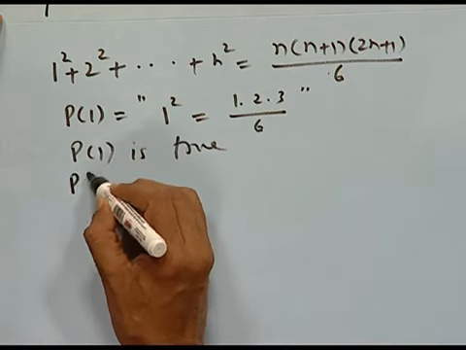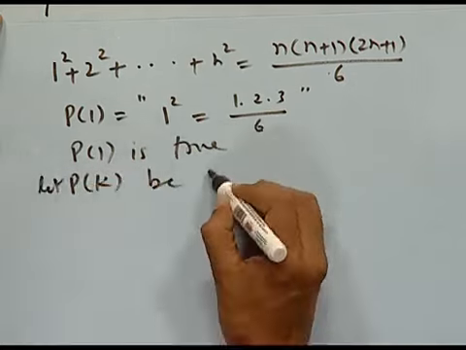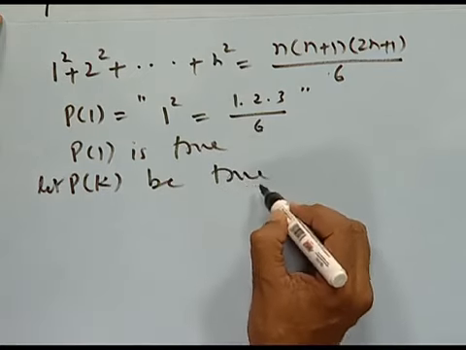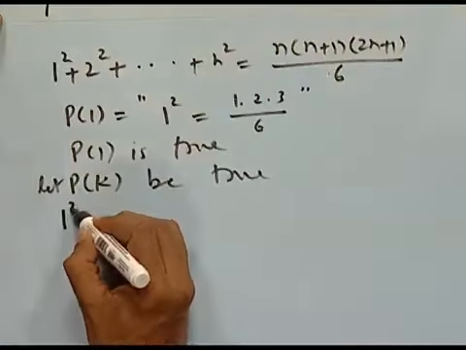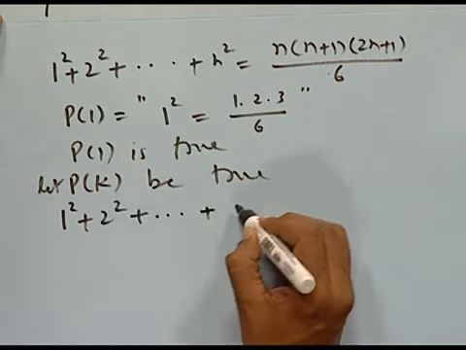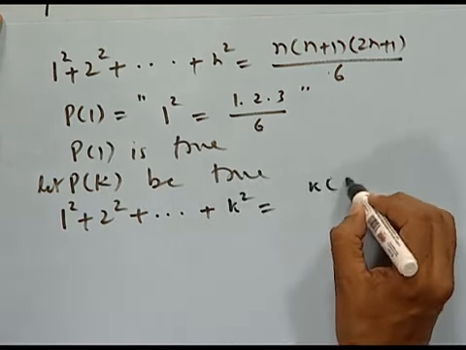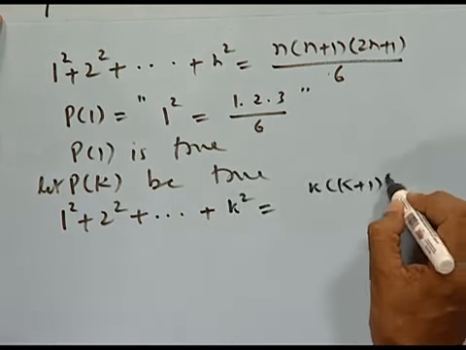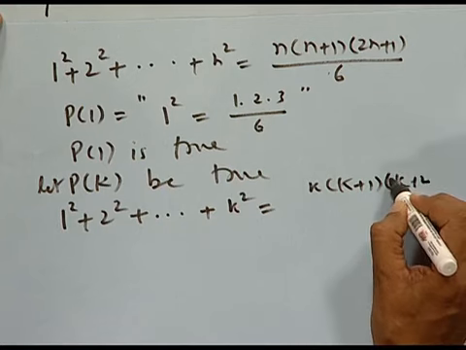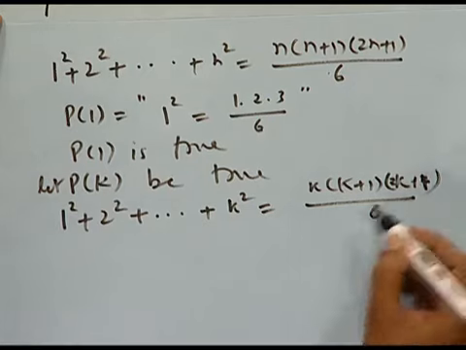Now, let P(k) be true. This means 1² + 2² and so on up to k² is equal to k(k+1)(2k+1)/6.